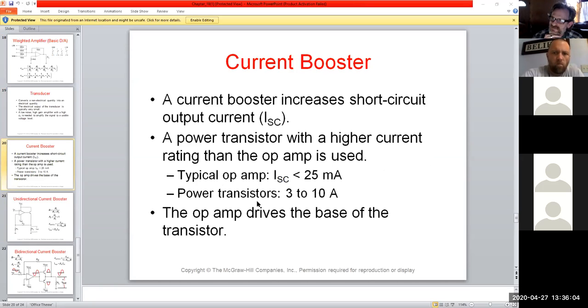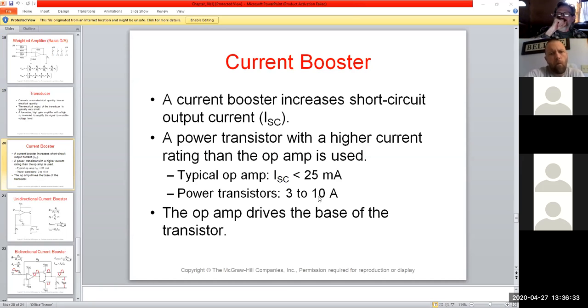Well, we could have a low amplifier in there giving us a very low current. You see, the typical is less than 25 milliamps. But if we use one of the big heavy shielded ones, the steel ones, you can get 3 to 10 amps out of those things. And of course, those are the ones that you'll see on the giant heat sinks, because cranking out 10 amps from a device is quite a load.